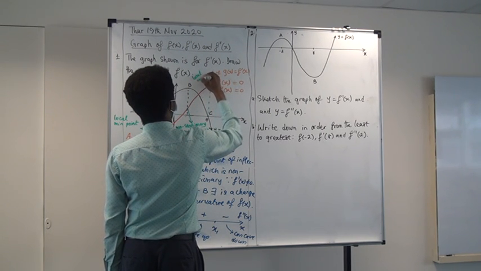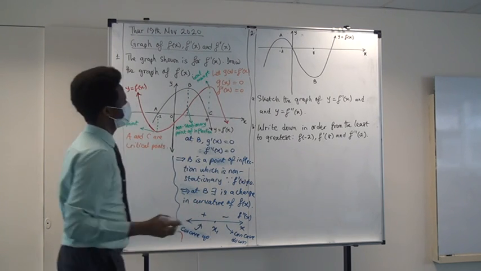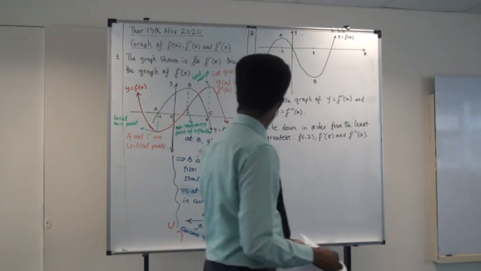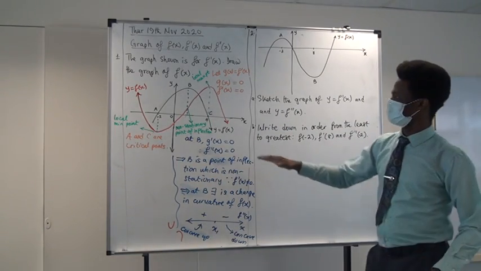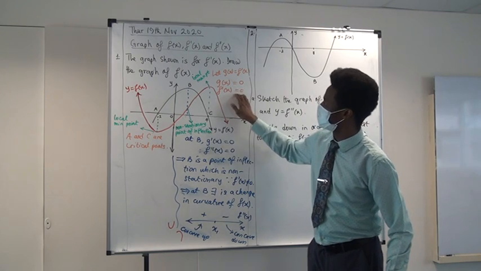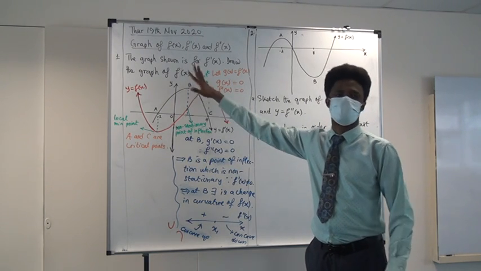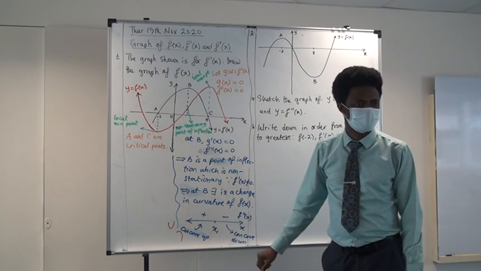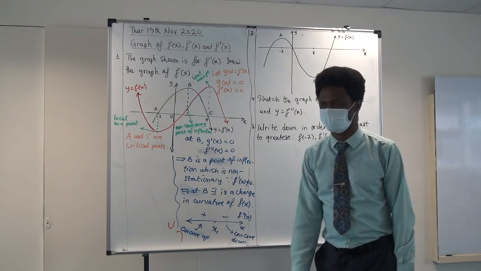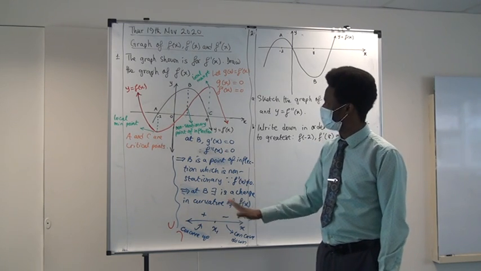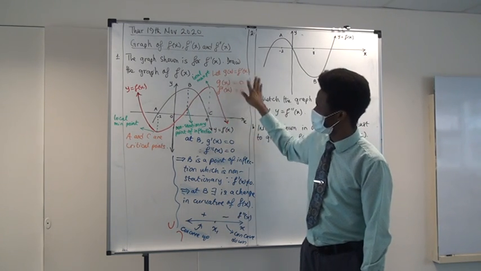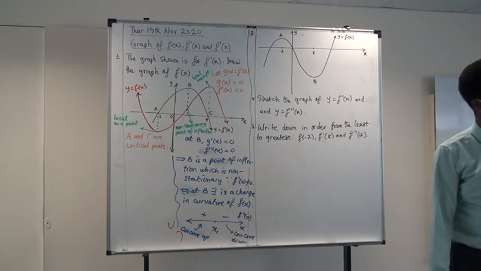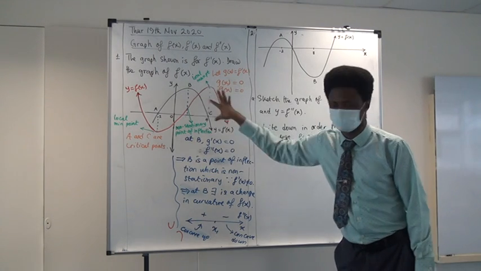Local maximum point. Just label properly. Of course, you should write your findings away from the axis, so you have space to do your label. Okay, I just try to manage the space on the board. So when you're doing it, keep all this additional information away from the axis. You do them outside the axis. Do you understand what I said? So you have enough space to do all this labeling.